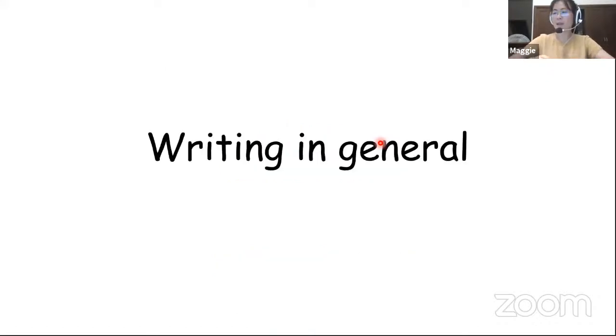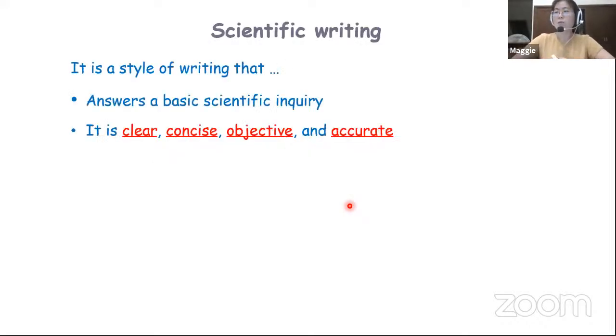Okay. So, this topic will introduce how to write scientific writing. First, I would like to introduce the writing technique in general. Scientific writing is a style of writing that answers a basic scientific inquiry.